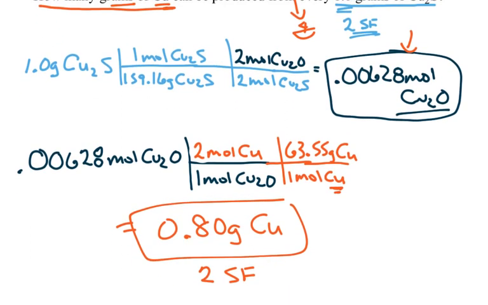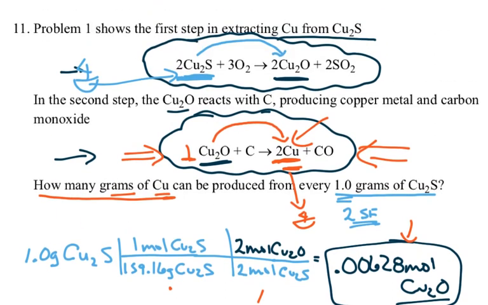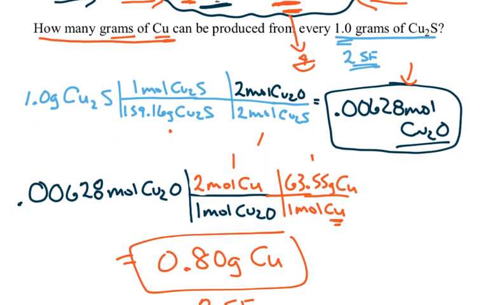We figured out how much copper we have. We did it. It's 1, 2, 3, 4 steps. That's it. A couple of molecular weights along the way. The important thing here is once you are on an island, it doesn't matter which island, don't get off of it. So we didn't go to grams of copper oxide.